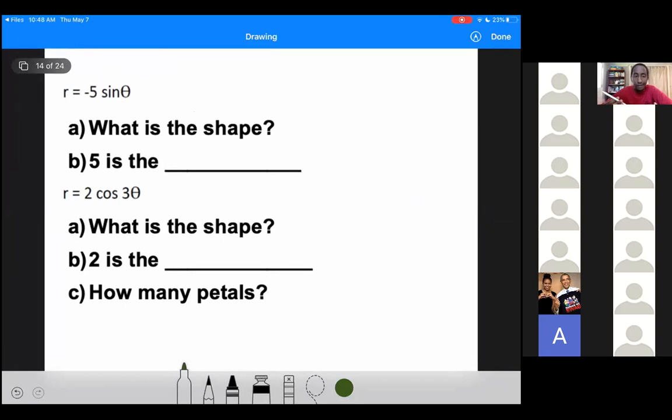Okay. First one, Kelly, what is the shape of this called? Kelly, you there?